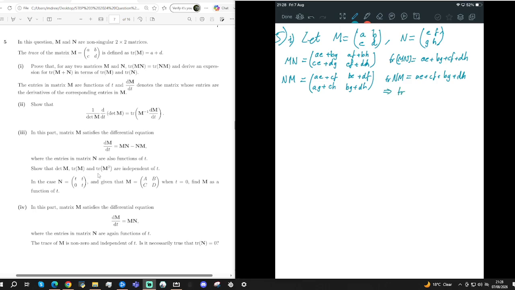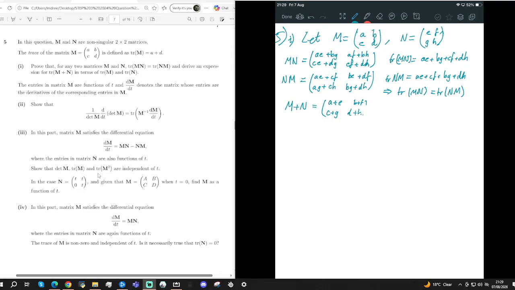So therefore, the trace of MN is the same as the trace of NM. Okay, and derive an expression for the trace of M plus N. Well, M plus N as a matrix, we just add component-wise.